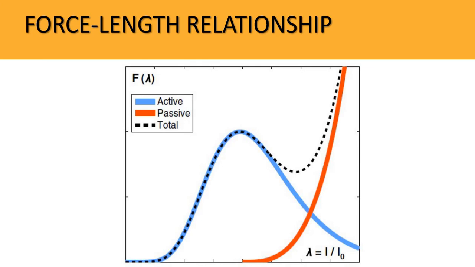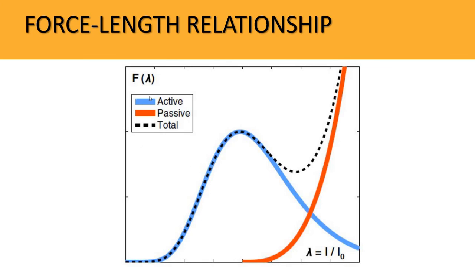So this is a general overview of the force-length relationship, but it does vary for each muscle. The active force position might be different, as would the passive, but the general shape is still the same. So this blue line here, this almost bell curve, represents the active force that your muscle is able to produce at varying lengths.